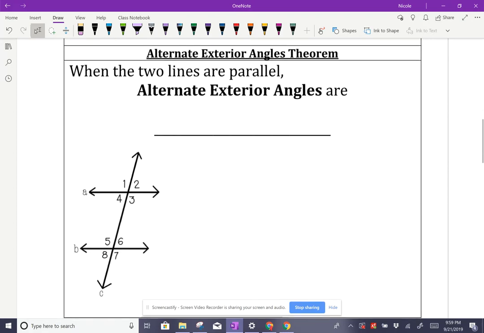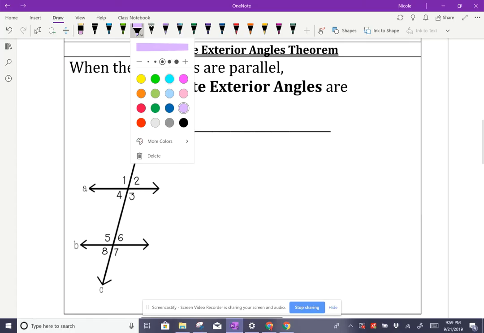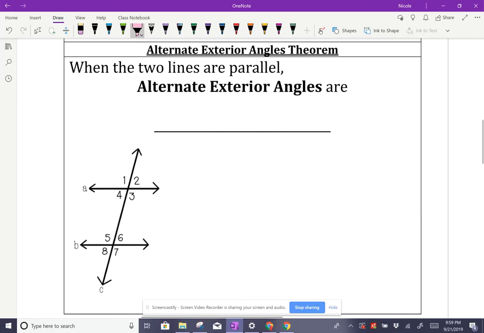Moving on, we have alternate exterior angles, and previously we learned that exterior angles happen in the outside space between my lines. And again, we need to mark that these are parallel, so here we go, we've got our parallel line markings. And when two lines are parallel, alternate exterior angles are also congruent.